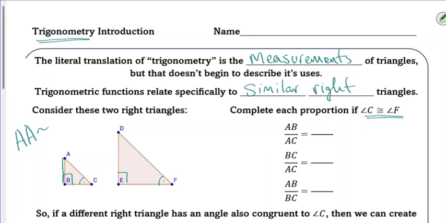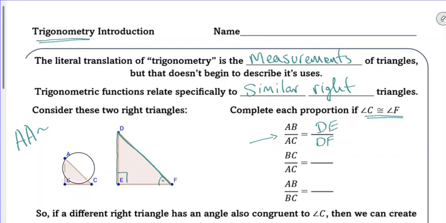AB over AC is the ratio that we have here. That's going to be the same as DE to DF in the other triangle. Keep in mind that the only thing I've told you so far is that C and F are the same. I have right triangles that have one angle that's in common.